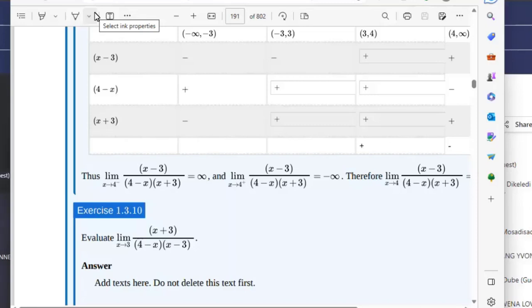As long as we agree, now let's move to the next part. I'm writing it down: the limit of x plus 3 over 4 minus x as x approaches 3 from the right, and the limit of x plus 3 over x minus 3 as x approaches 3 from the right.